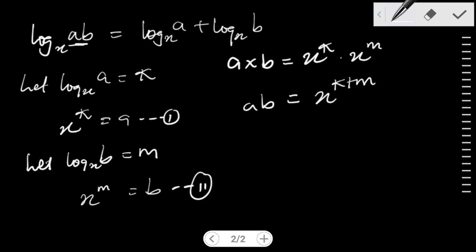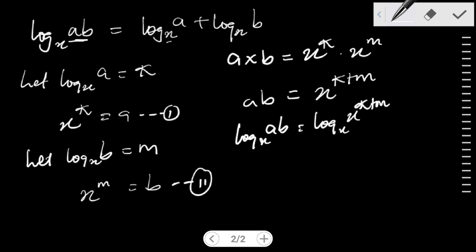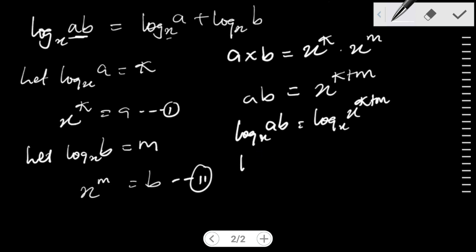Now I introduce back the logarithm with base x, so I say log base x of ab equals log base x of x to the power k plus m. So this x will cancel with this, and therefore log base x of ab equals k plus m.